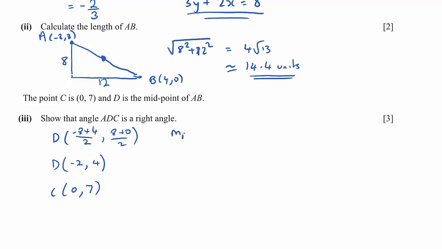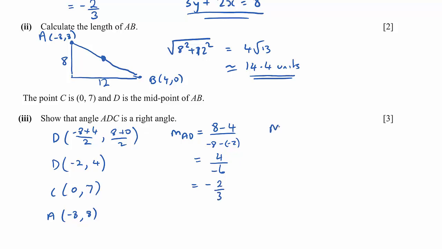So the gradient of AD is going to be, let's remember A is (-8, 8). So difference in the y's, we're going to have 8 take away 4, and then we'll have -8 take away -2. So that's going to be 4 over -6, or if we like, -2/3.